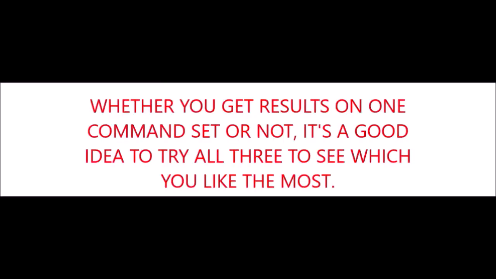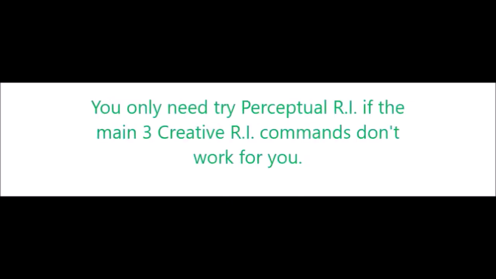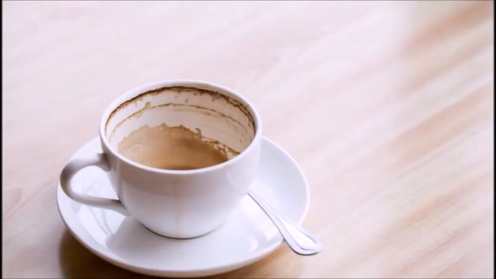Now, if nothing happened, I could try a different command like bring something into existence. If I try all 3 command variations and nothing happens, I try perceptual RI. I grab hold of, for example, a cup on my desk and hold it for a while. I note how it looks, I feel its temperature, and so on. I may do this for a while.